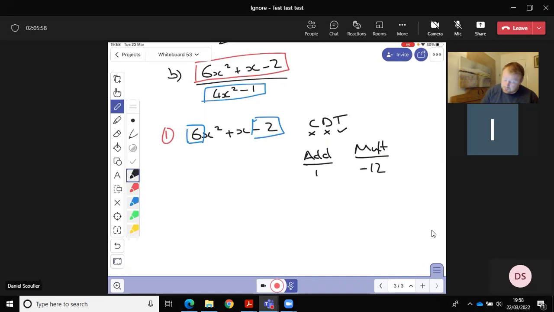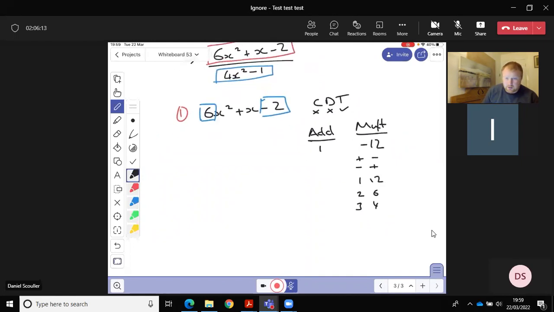It has to be a plus and a minus. 1 and 12, 2 and 6, 3 and 4, no other factors. Which one of them could give us a positive 1? 4 minus 3.